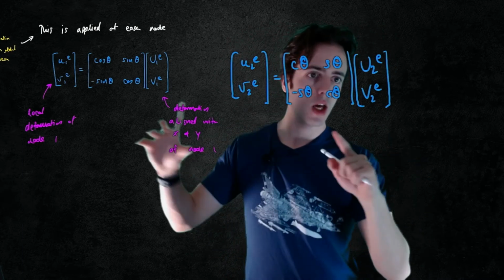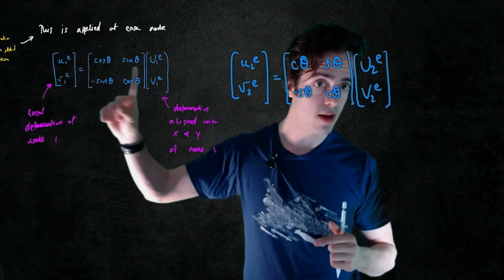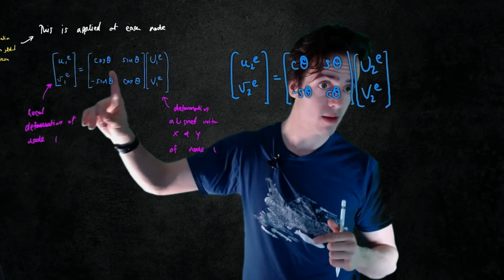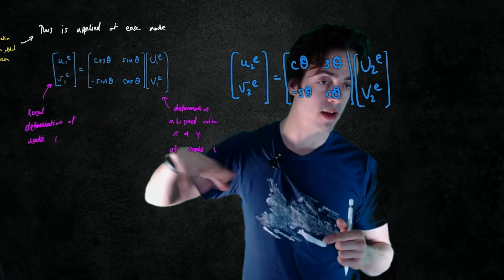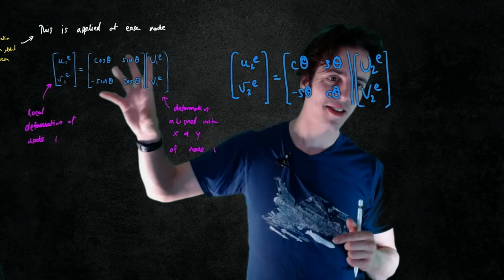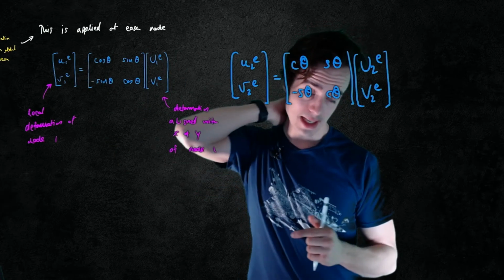We could also just, if we wanted to go the other way, if we wanted to go from u1 uppercase to u1 lowercase, we just take the inverse, and since it's orthogonal, we just take the transpose of this matrix.